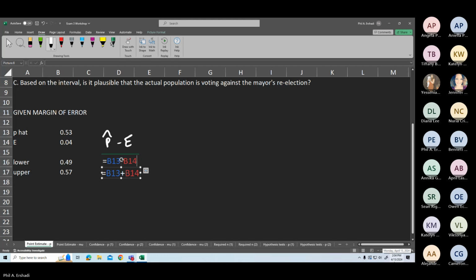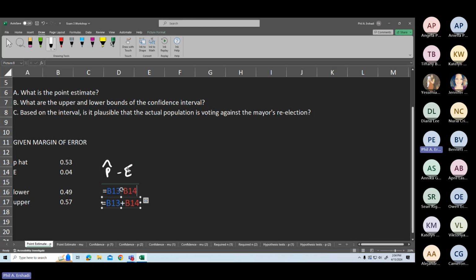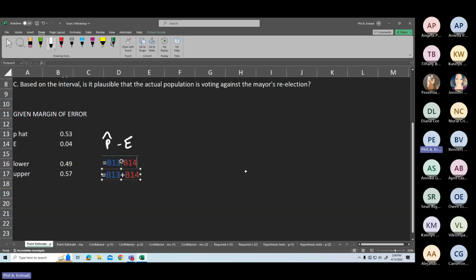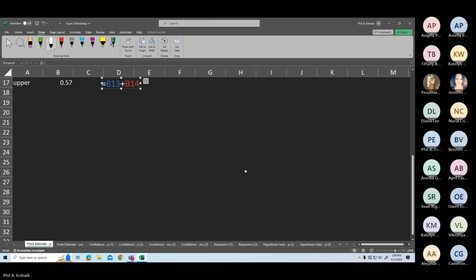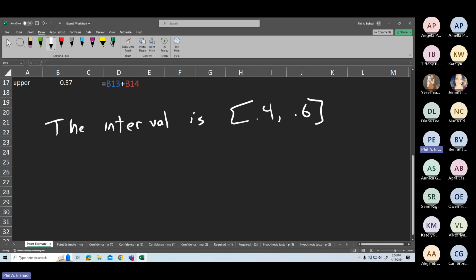Okay, I do want to clarify something. I saw someone say error divided by 2. There is a variation on that problem that involves dividing by 2, but it's not this one. What if I had said the interval is, let's say, 0.4 to 0.6? If they phrase it this way, the lower is always your first number and the upper is always the second number.